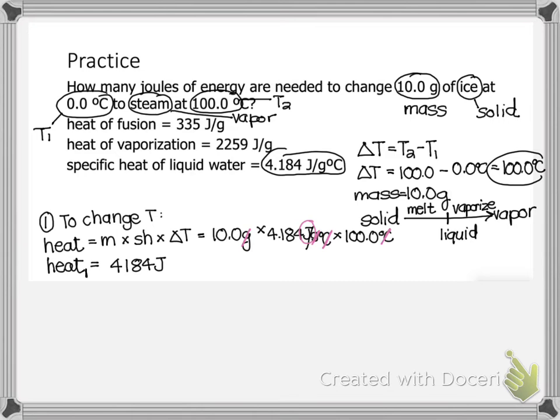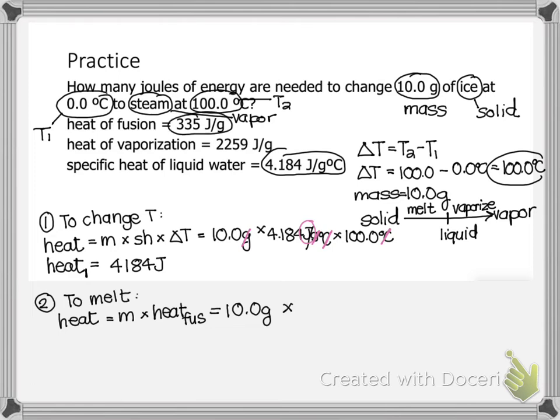Now that just changes the temperature, but I start at ice and then I have to go to steam. So to do that, I'm going to have to melt it. And the heat to melt is the mass times the heat of fusion, which is a constant. So the mass for the whole problem is 10 grams, and the heat of fusion is given to me, it's up here, 335.